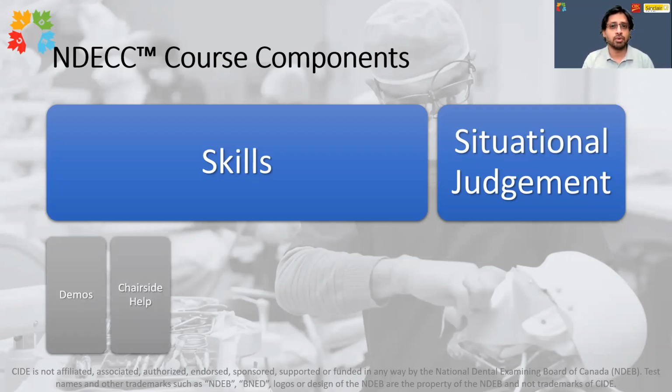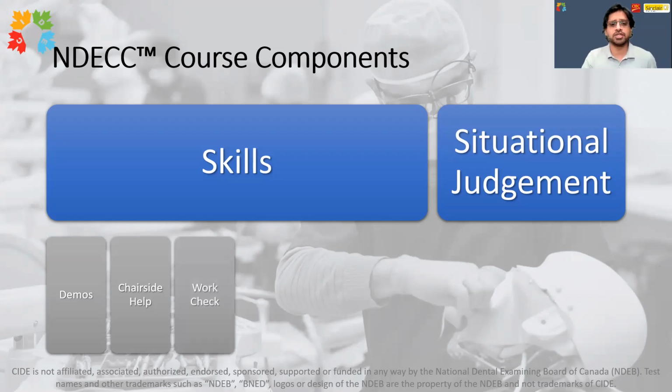This is a very important aspect of SIDE's training processes, whereby trainees are helped on the chair side and not just given demos and let go. And in between, the missing link between a demo and a work check is chair side assistance, and that's what makes SIDE training different from other trainings.